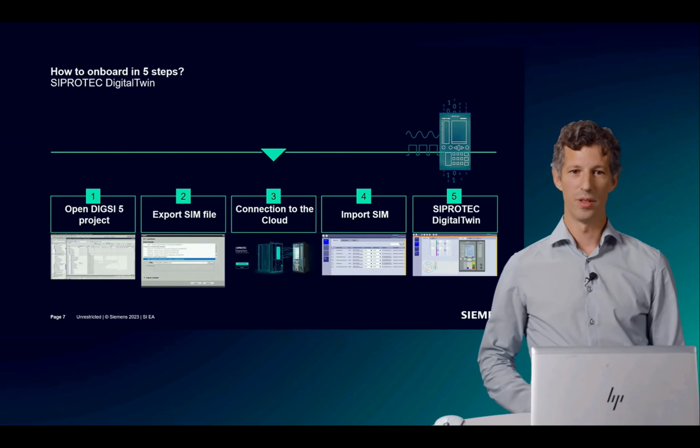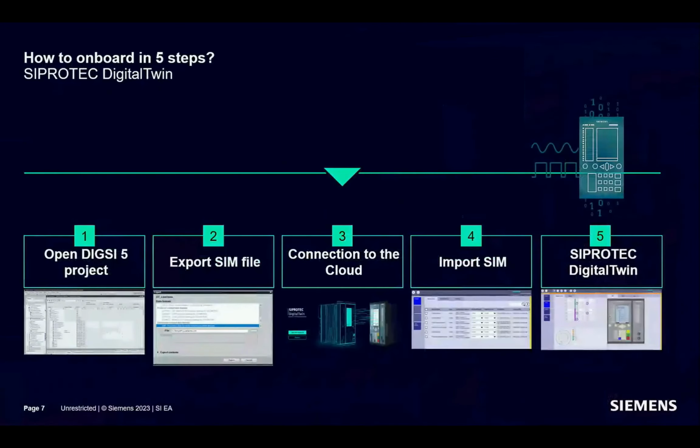How to onboard in 5 steps. First, you open your existing DIGSI 5 configuration containing your CIPROTEC 5 devices. There you export your simulation data. You log in to our CIPROTEC Digital Twin application, import the simulation file, and interact with your simulated devices in just a couple of minutes.